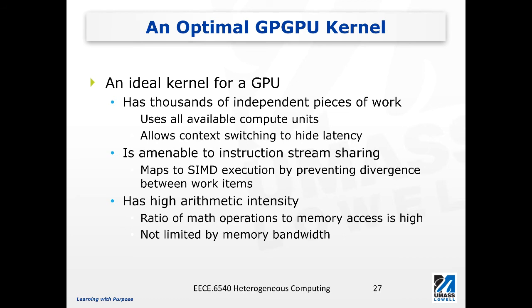Also, for an OpenCL kernel, we would like it to have high arithmetic intensity, where the ratio of math operations to memory access is high. That will be beneficial for the cores to keep themselves busy. And because the memory bandwidth available to GPUs is generally very high, it's not going to be limited by memory bottlenecks.